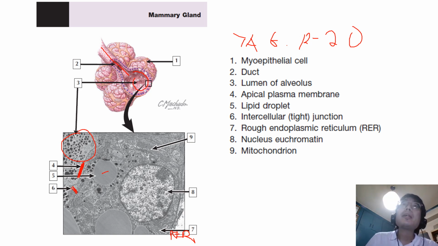During pregnancy, the simple cuboidal epithelium that lines the alveoli undergoes hyperplasia and hypertrophy under stimulation of prolactin. Branching myoepithelial cells that enwrap the alveoli contract in response to oxytocin to eject milk. So it is the myoepithelial cell responsible for contraction of the alveoli.